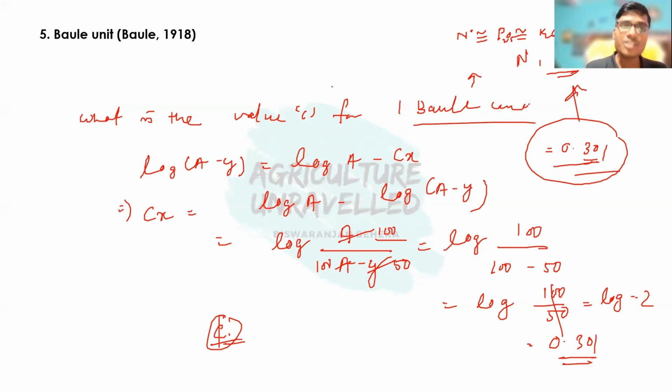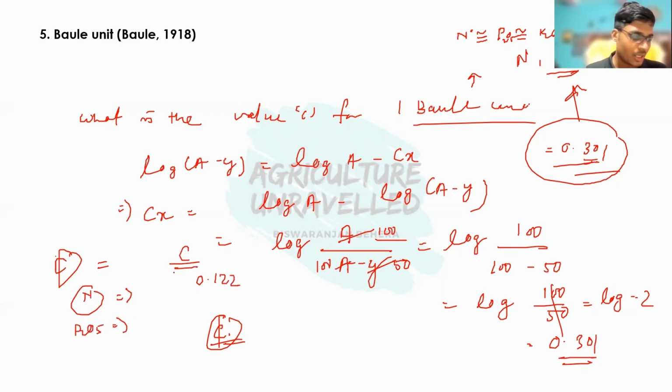Okay, so Mr. Lewis found that for conventional unit, the value of C depends on the type of nutrient. For nitrogen, the value of C is 0.122, for P2O5 the value of C is 0.6, and for K2O the value of C is 0.4.